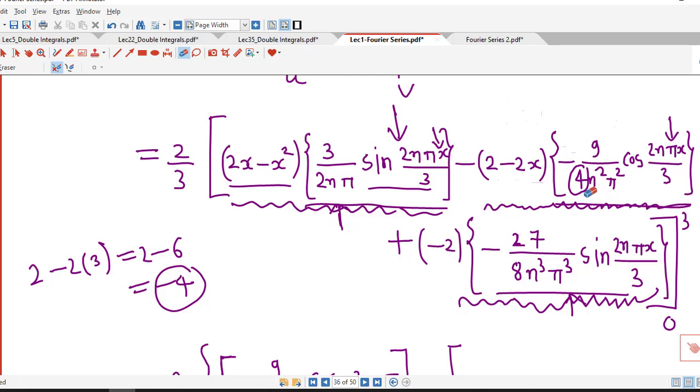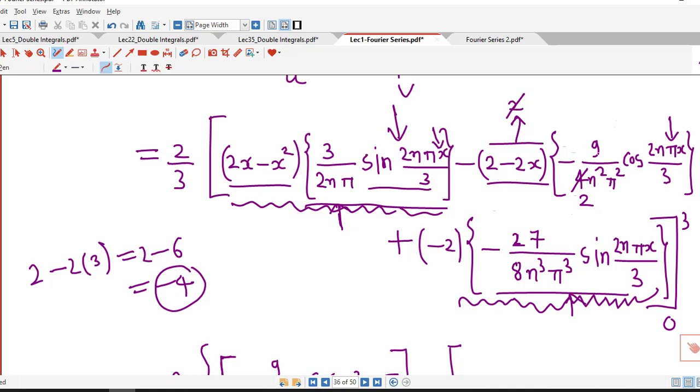So when x is 0, here if we put x equal to 0, we will have 2 minus 2x equal to 2, and negative negative positive, and that 2 will cancel out with this 4. So here we will have 2.